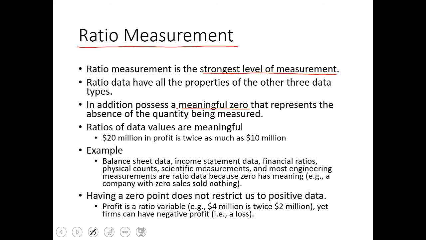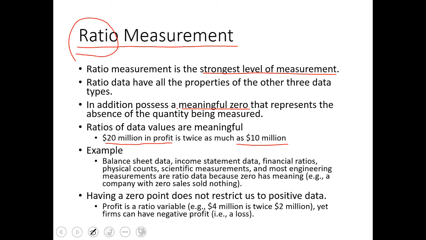So 20 million profit is twice as much as 10 million, and zero profit is meaningful: we have no profit, and minus profit is loss.